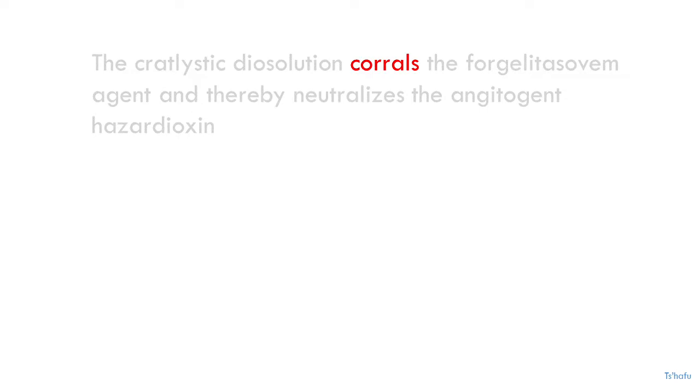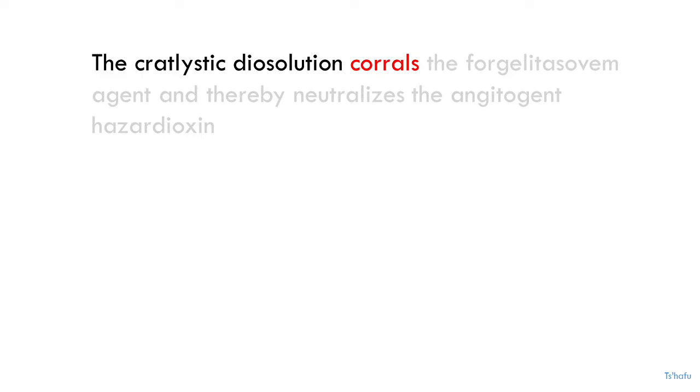What is it that we're saying? Well, something corrals something. All right? So what is it that is doing the corralling? Well, right here, this big term, catalytic dissolution. And here's the beauty. We don't want to get stuck on these terms. All that matters to us is that this entire term is something that is doing the corralling.